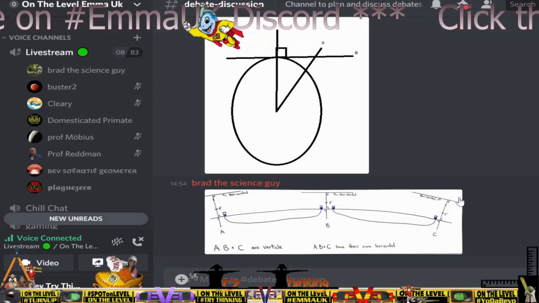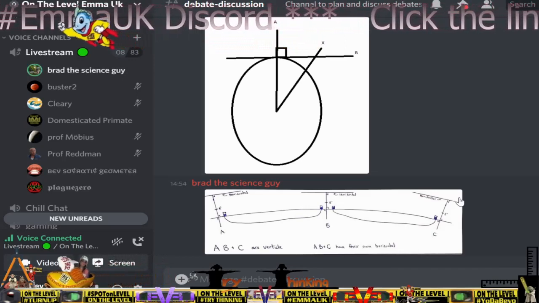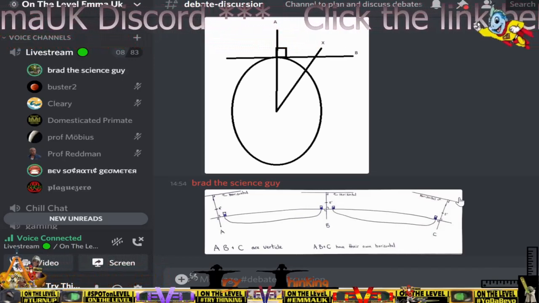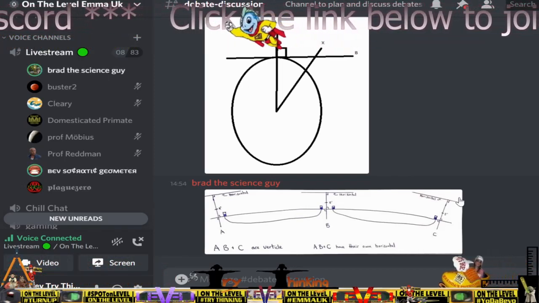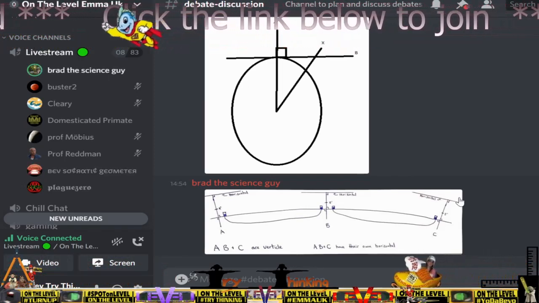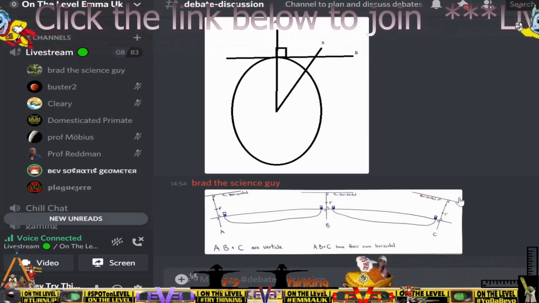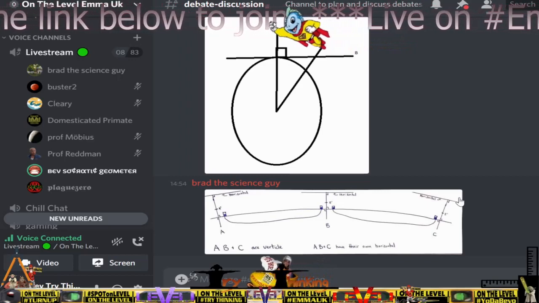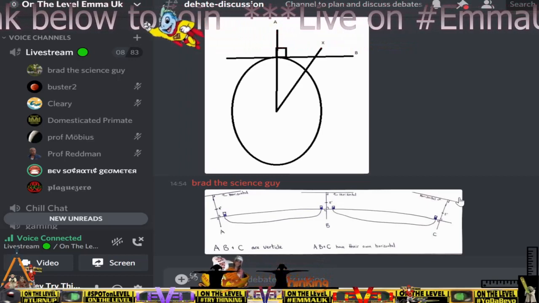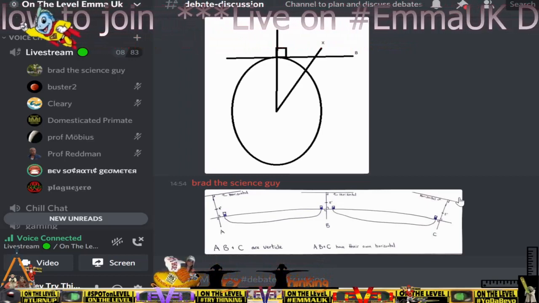Yeah. My reality is we're on a curve. So this is a picture of the globe, a model of the globe. Yeah, and your globe model is trying to dictate the geometry that you are using right now, even in this drawing.